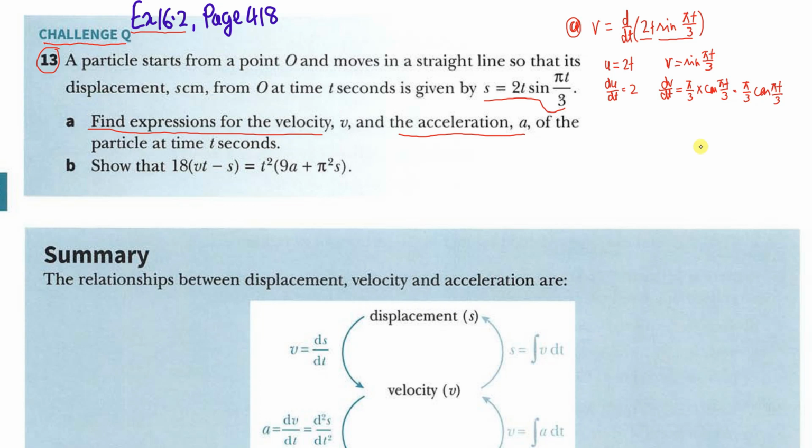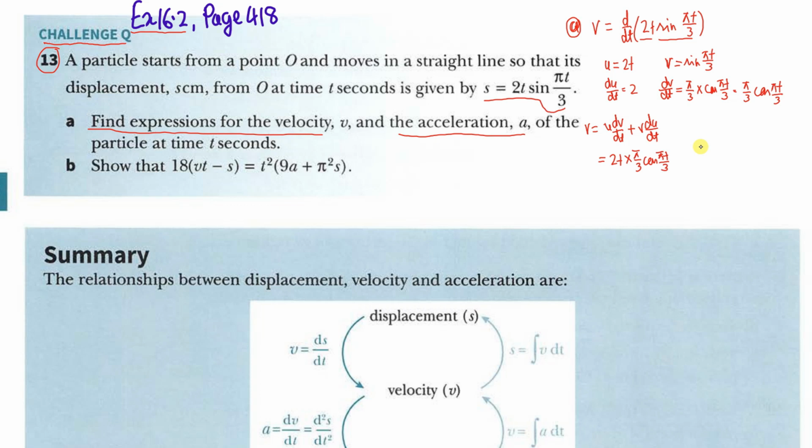Now let us write the velocity. We know the formula by the uv rule: u dv by dt plus v du by dt. So let us put here u is 2t into dv by dt, which is pi by 3 cos pi t by 3.